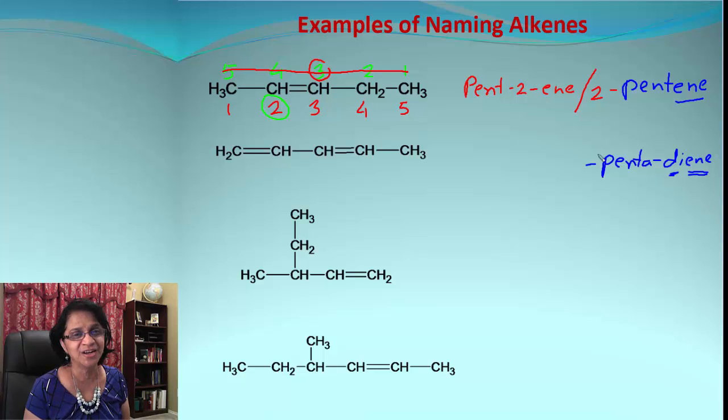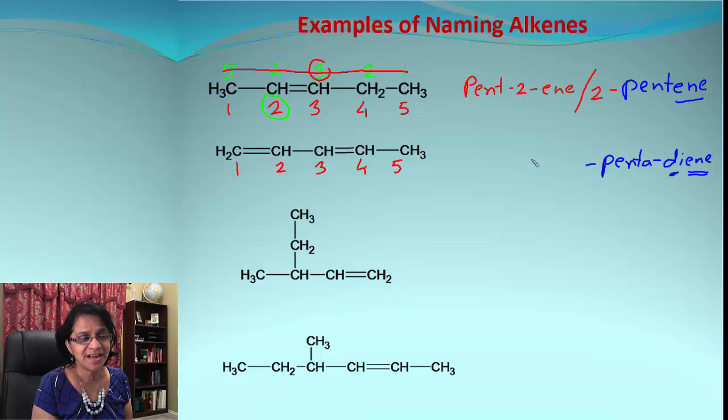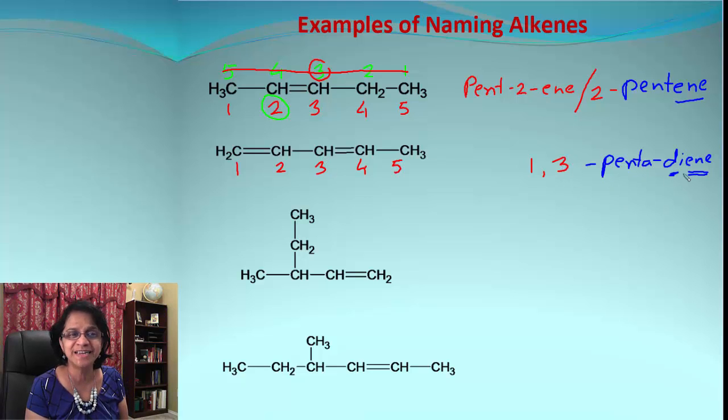It's that simple. In order for the carbon atom to get the least number, I know I need to start numbering from left to right here. So in that case, one of the double bonds starts at position 1 and the second one begins at position 3. So I get 1,3-pentadiene as the name of the compound.